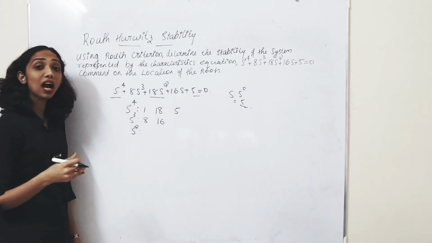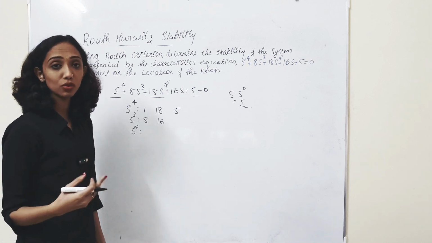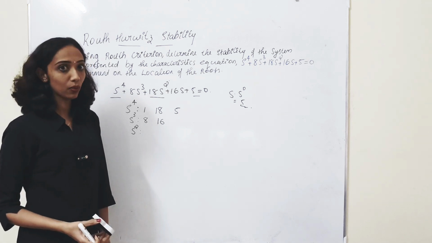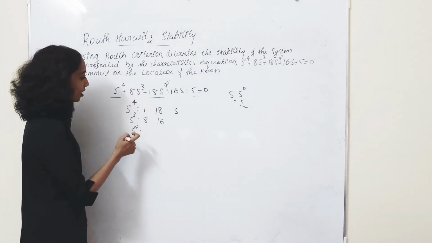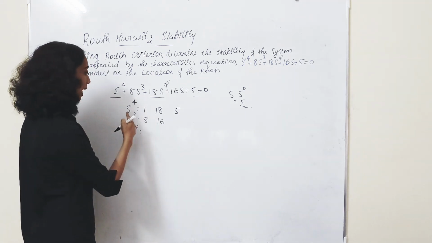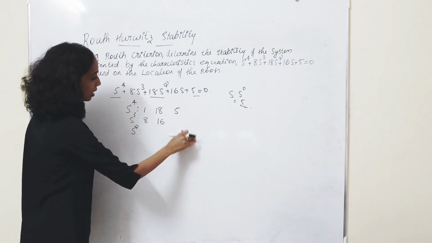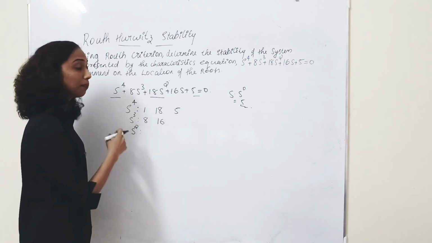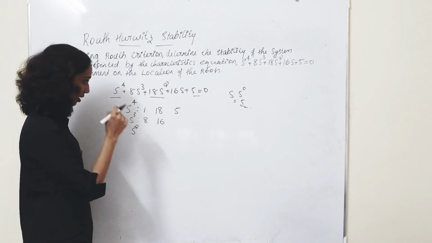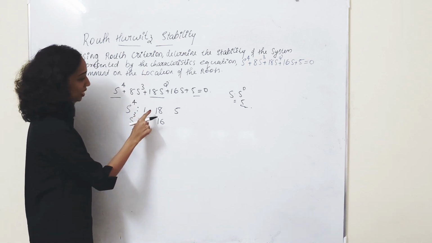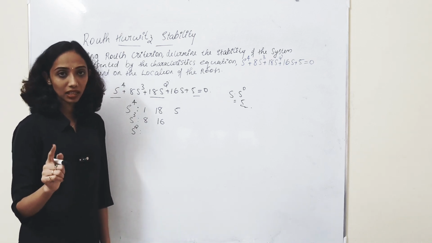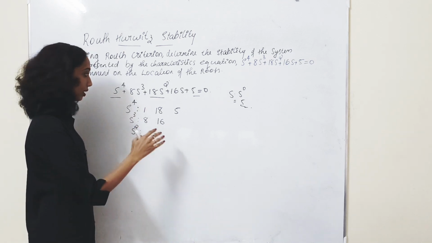How to find the coefficients of the next row? First, you have to check whether any series is completely divisible by any number. Here, s raised to 4 means 1, 18 and 5. 18 and 5 are not divisible by any number, so we can't proceed with that step.